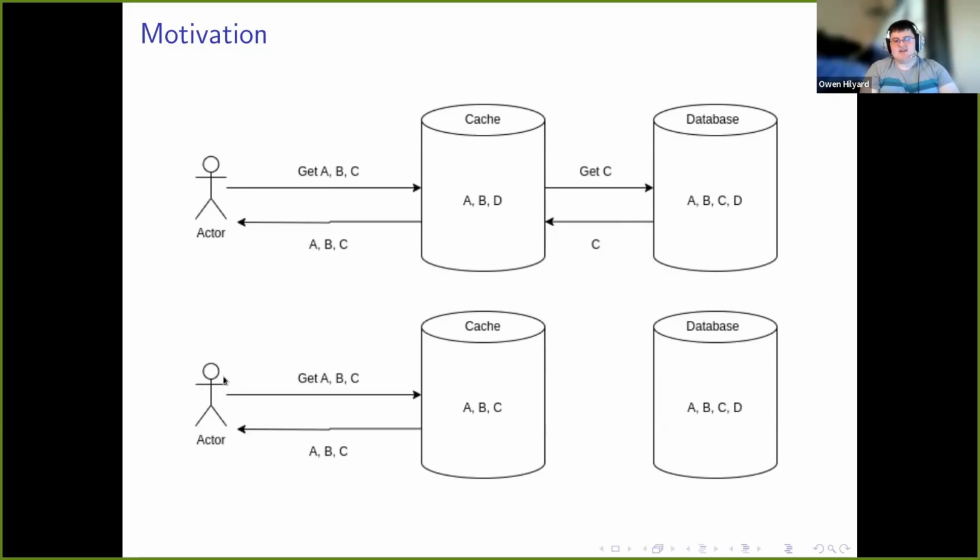So the ideal case is everything you want is in the cache, and the cache just sends it back to you and you don't have to talk to the database.